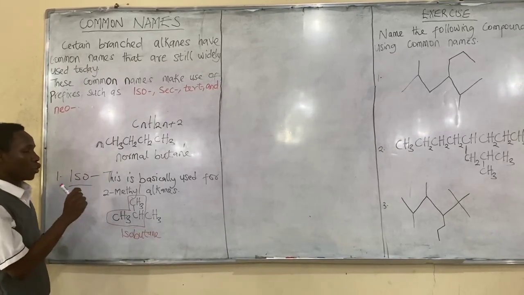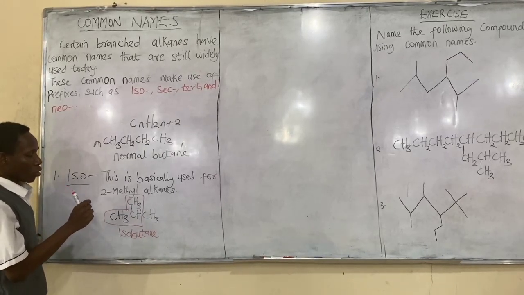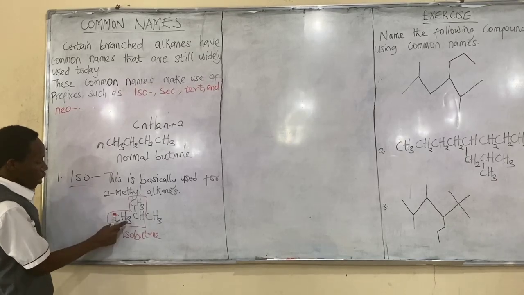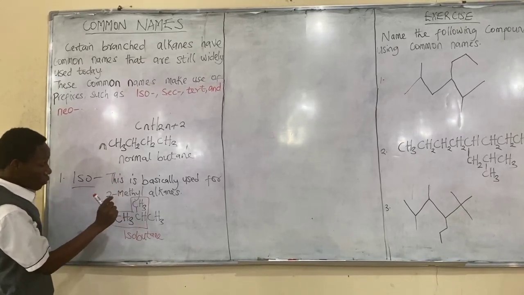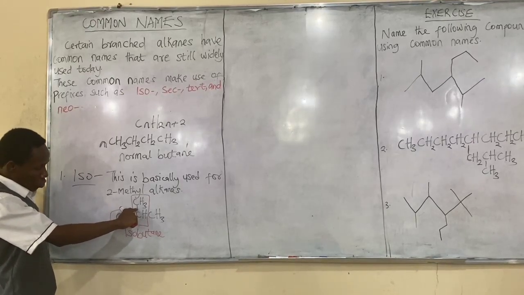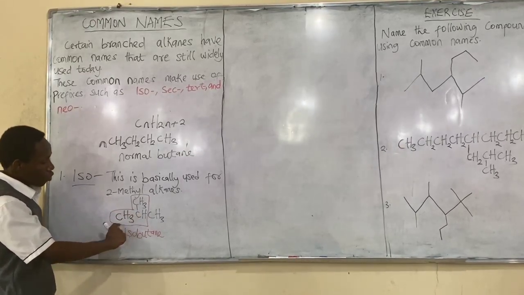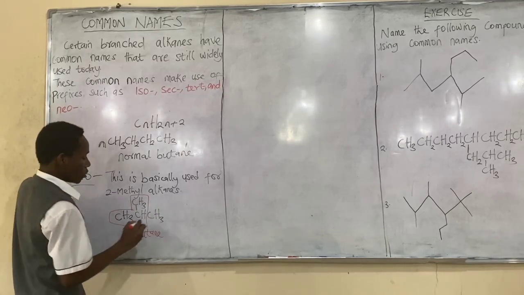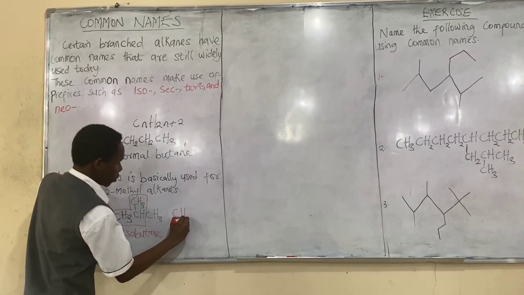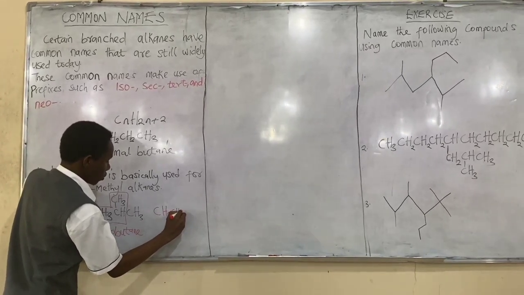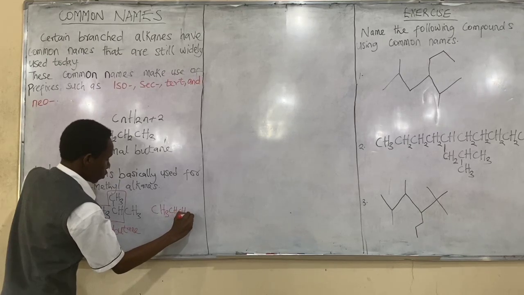This is how we use common name in naming organic compounds using iso, basically for 2-methyl alkane. When we have our methyl group on the second carbon of an alkane chain, it is called iso. If you also look at this, CH3, CH2, CH2 and CH3.